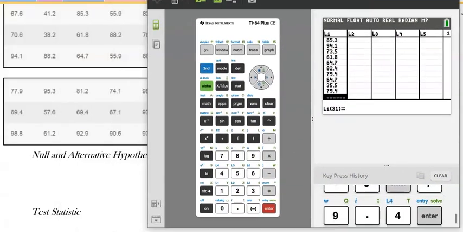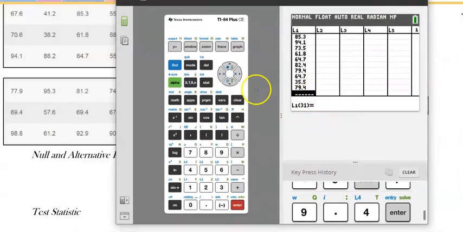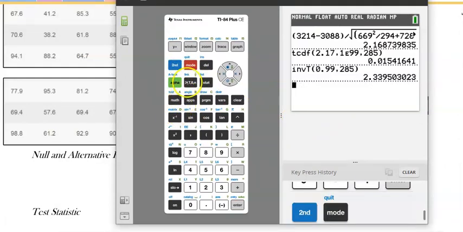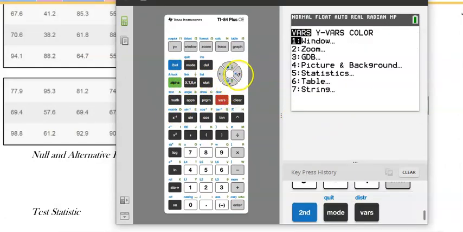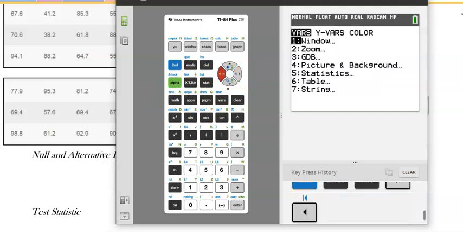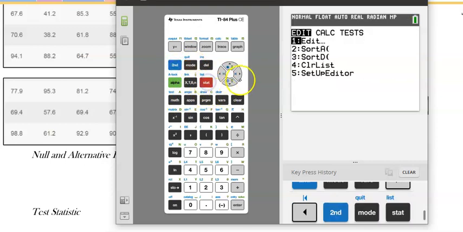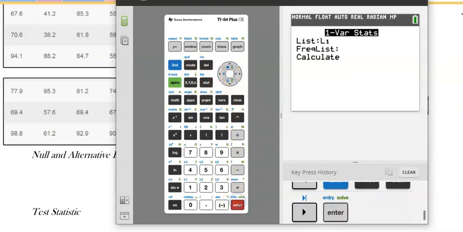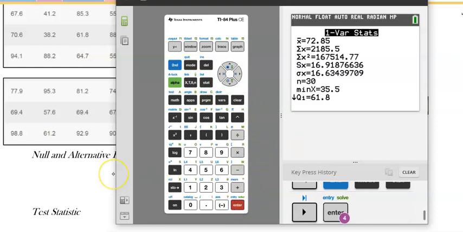There it is. And now if you remember how this works, we quit and we go to statistics and we want to calculate one variable, enter, and calculate, and there's what we need.